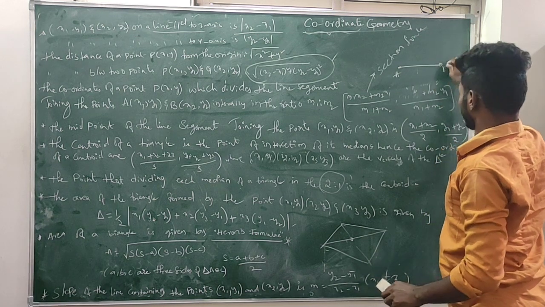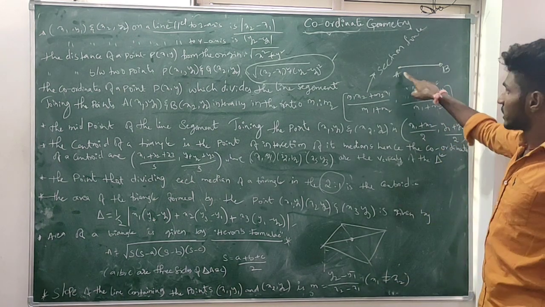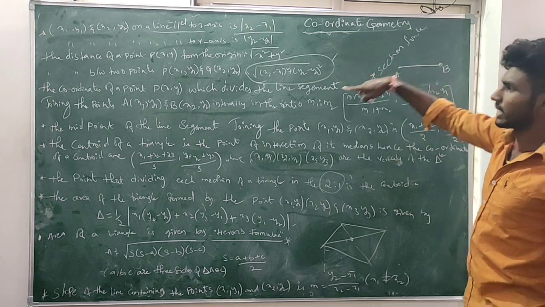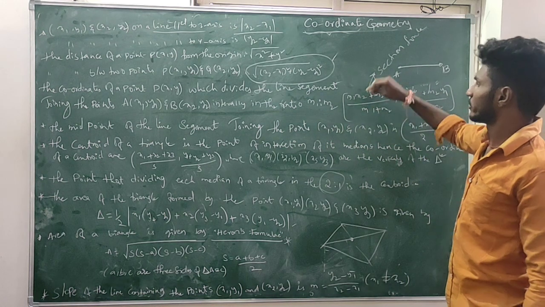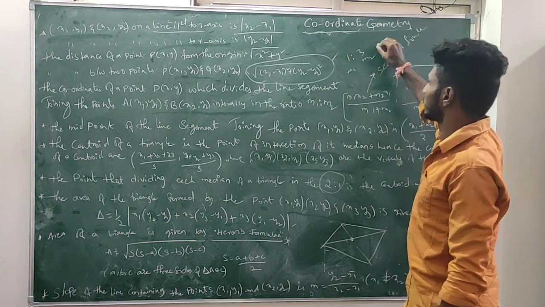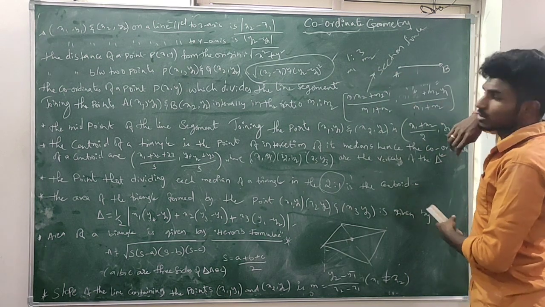This is your point A and this is your point B. Now what it tells us is that this particular line is divided into two parts internally in the ratio, for example, let us assume 1:3. This is M1 and this is M2. Now it is dividing in the ratio 1:3.